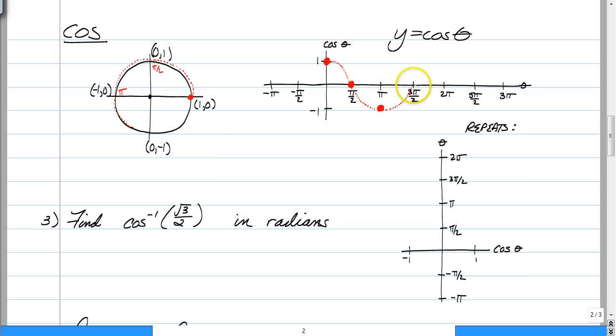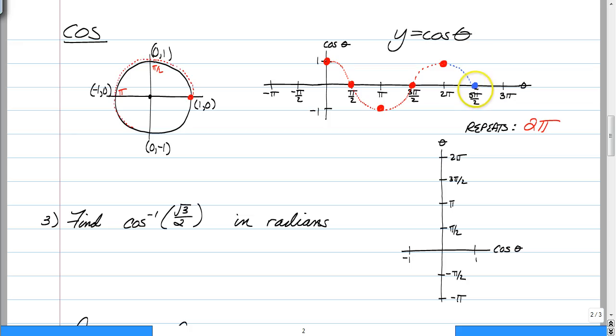Okay, but of course, the y value of this graph is actually the cosine of theta. So the cosine of 3π/2 is 0. That's why you're back at 0. And of course, that is going to repeat itself again every time we get to 2π. And just like with sine, this is going to continue. So now you get into your angles of rotation.